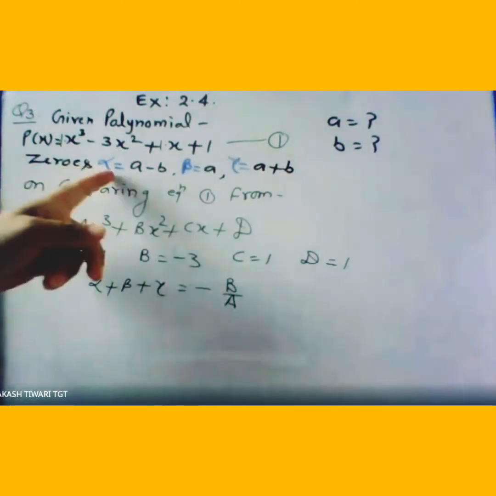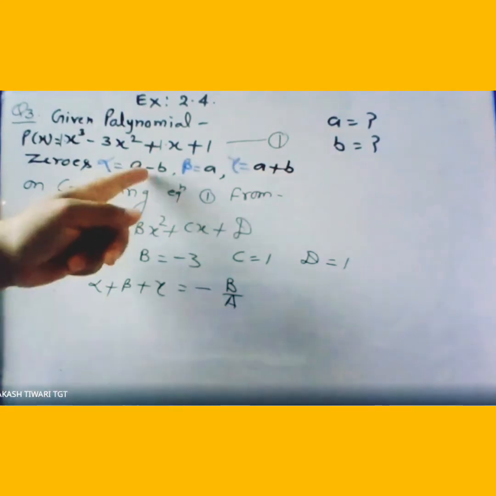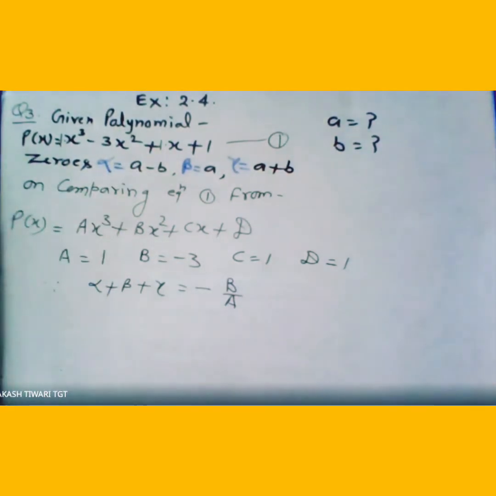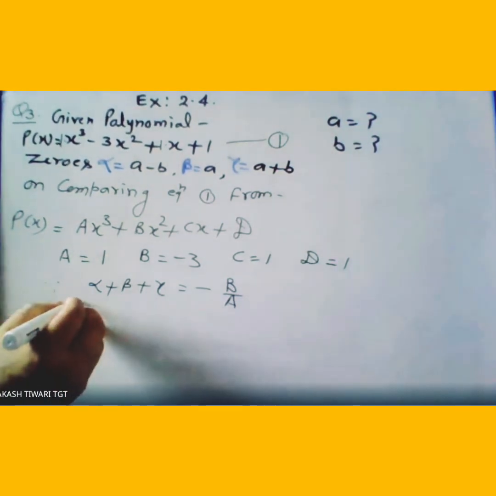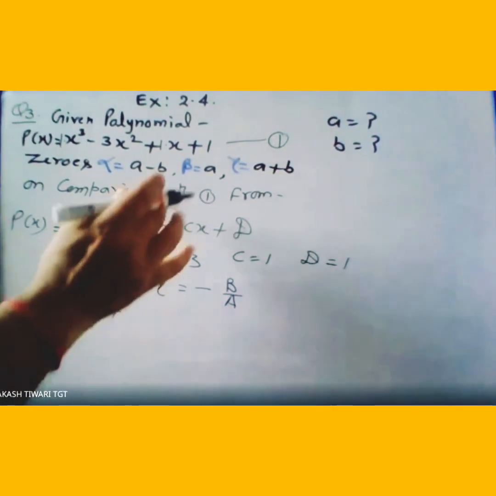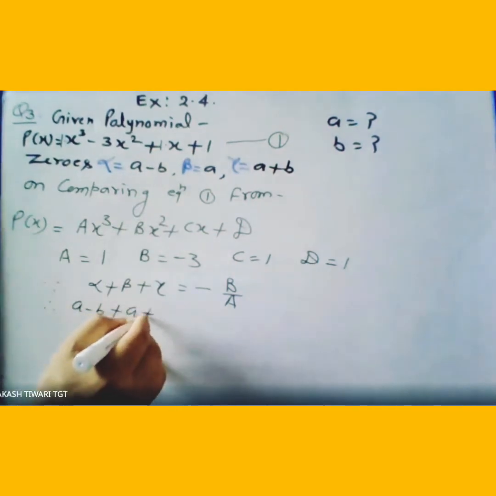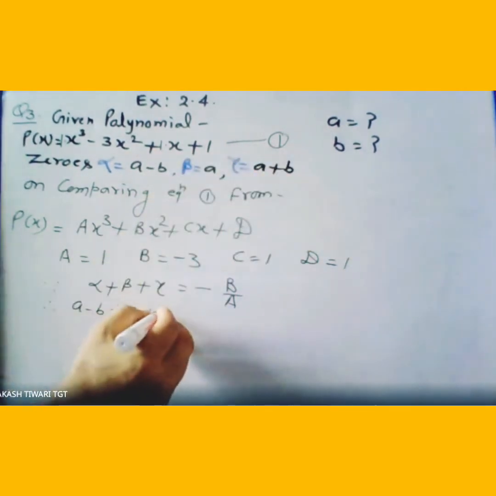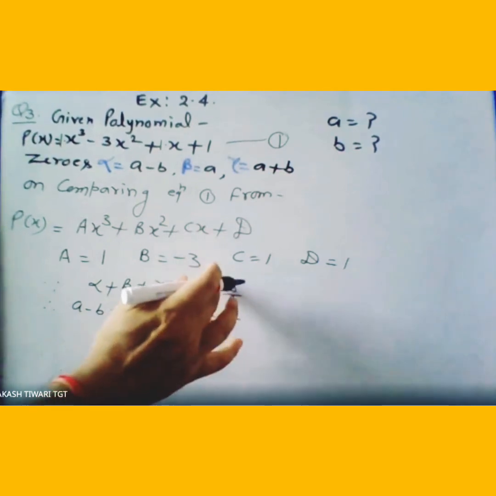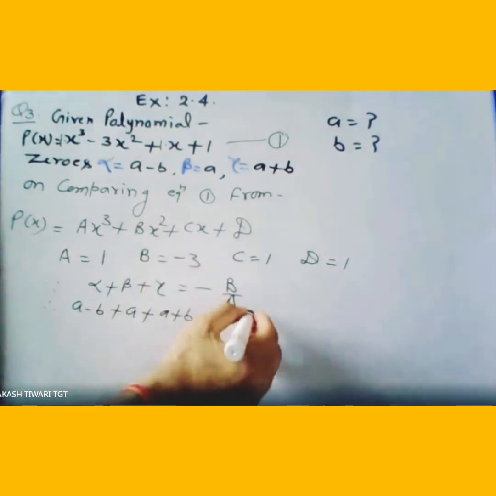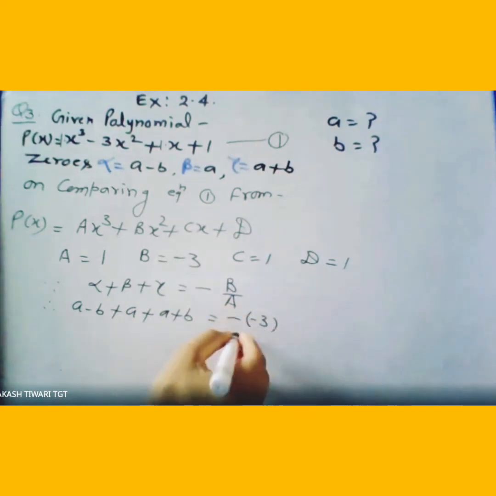So now put these values here. Alpha is A minus B, beta is A and gamma is A plus B, and minus same to same, and B is, dear, minus 3. So you will write minus 3 and upon A means this is 1.